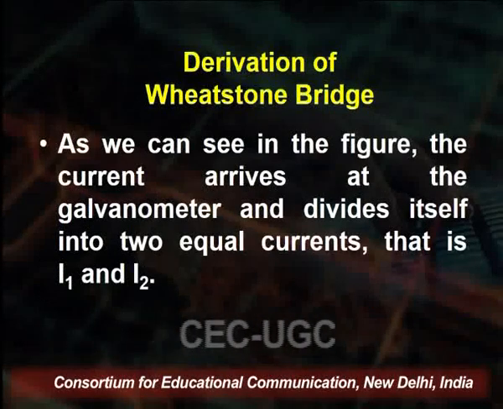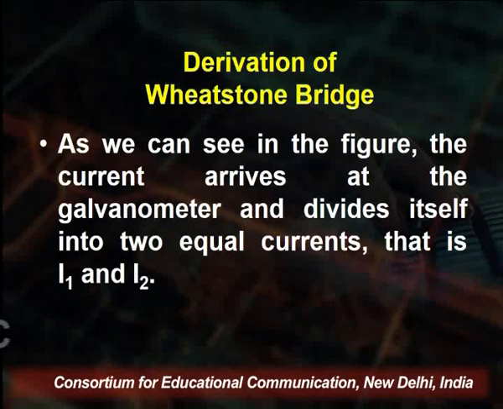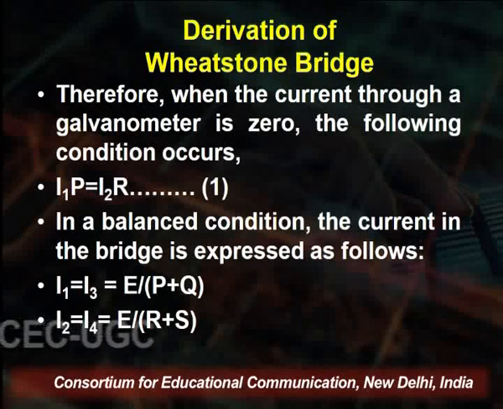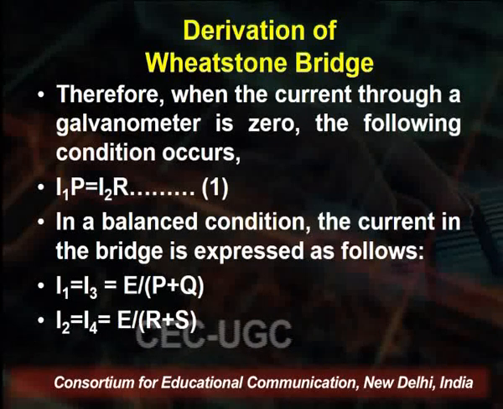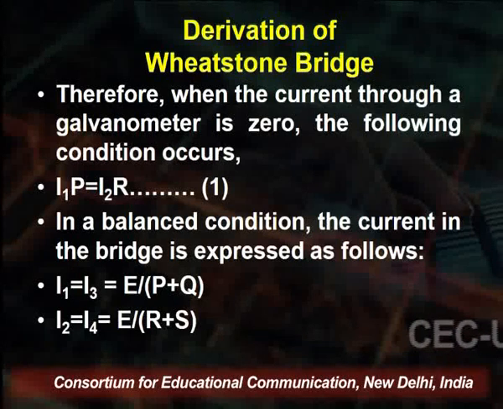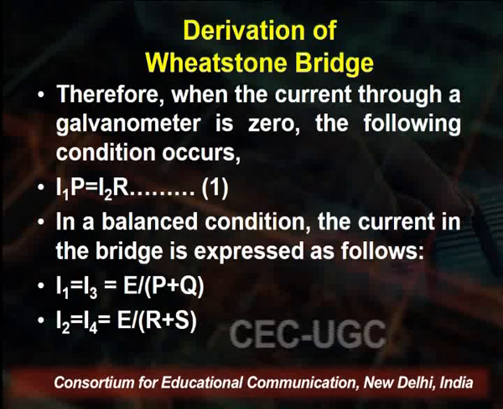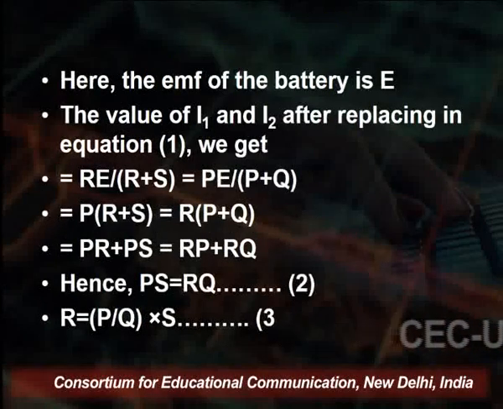Now the derivation of the Wheatstone bridge. Here we can see that the current arrives at the junction and divides itself into two currents, I1 and I2. When the current through the galvanometer is 0, I1 P is equal to I2 R. In the balance condition, the bridge currents are expressed as follows: I1 is equal to I3 and I2 is equal to I4, that is E divided by P plus Q, and E divided by R plus S, where E is the EMF of the battery.